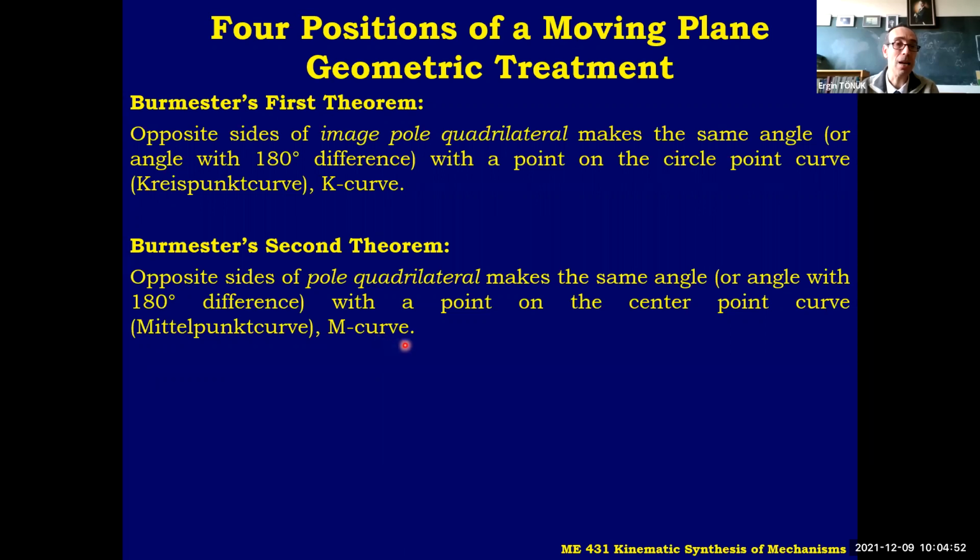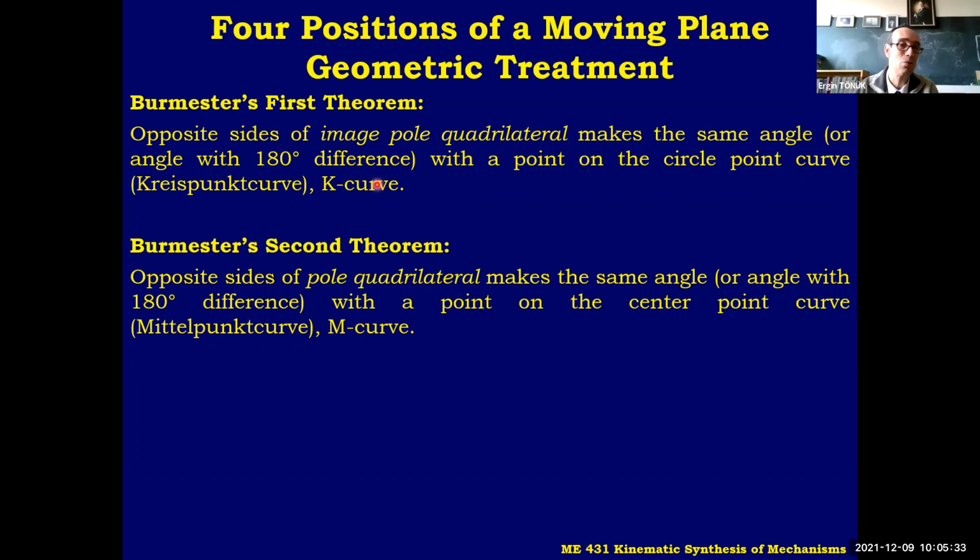Or if you select a point, say B0 on the center point curve, there is a unique A1, or if you like A2, A3, A4 on the circle point curve. And you can find these mathematically, but we are engineers. What do we do practically? Either we select the circle point curve, and we don't even need 4 homologous positions.